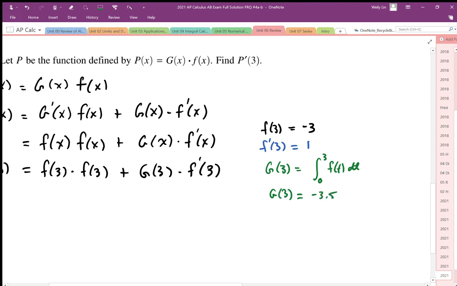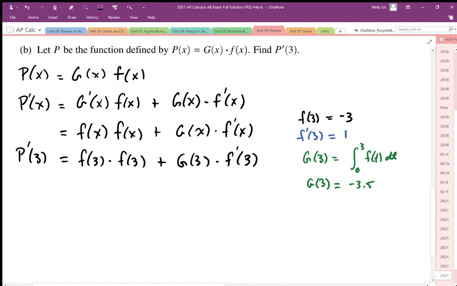Now I can plug in all these values to determine the p prime value at 3. This works out to be negative 3 times negative 3 plus the g value we calculated to be negative 3.5, times the f prime value at 3, which is equal to positive 1.